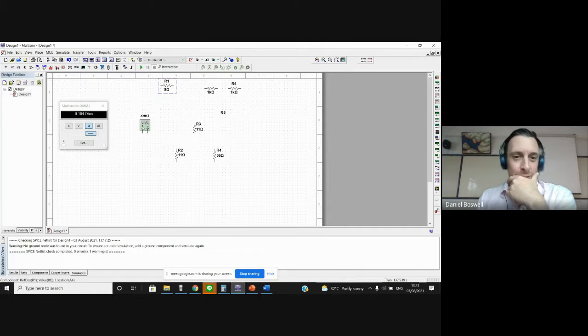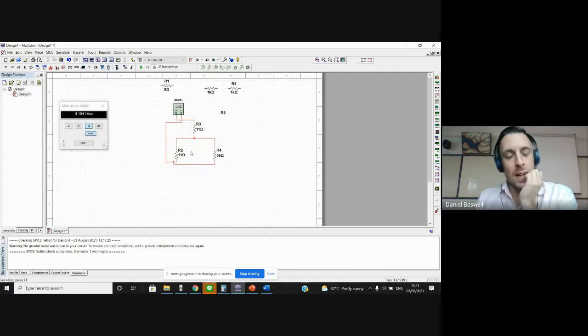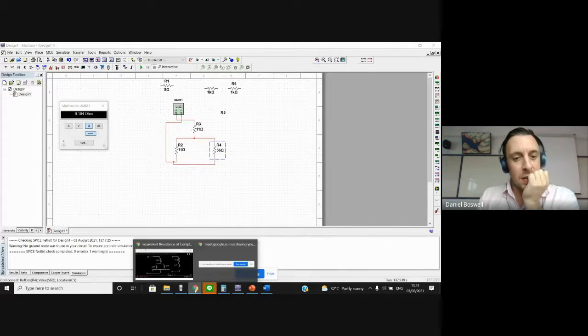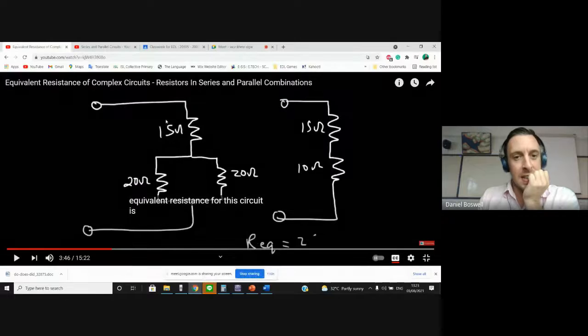Sorry, one minute. Okay, it's not very pretty. I'll move this up one. So basically, we've got a circuit that looks like this now.